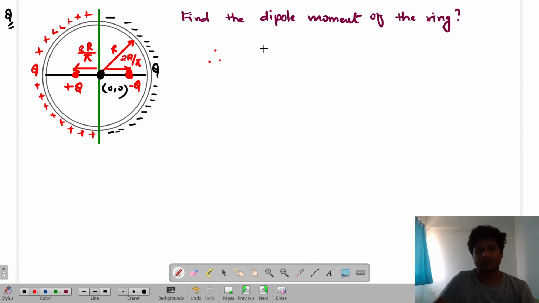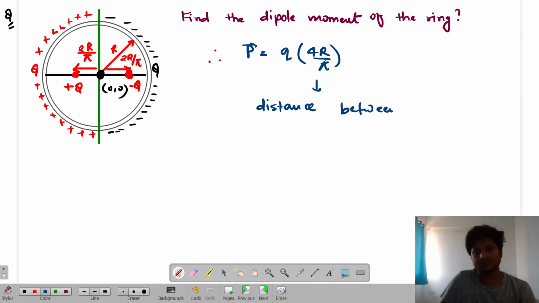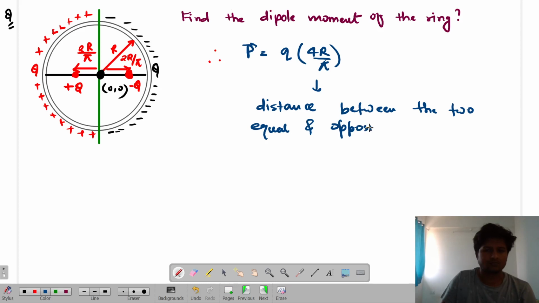Therefore, the dipole moment P vector will be q into 4r by pi, because 4r by pi is the distance between the two charges. Is that clear?